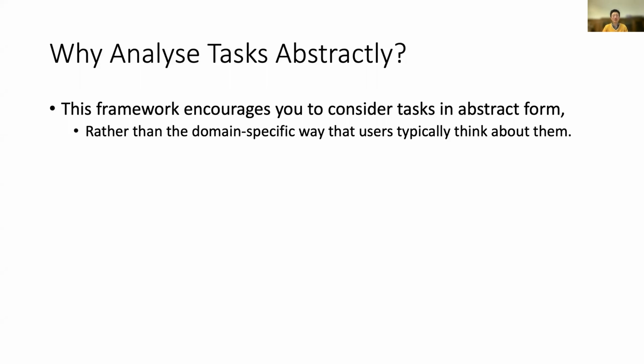Say you have a spreadsheet, and you might come from a supermarket, or you might come from a university student database. If you just think of them in domain-specific ways, there are too many possibilities, and it's not possible to have design guidelines or idioms for every single one of them.